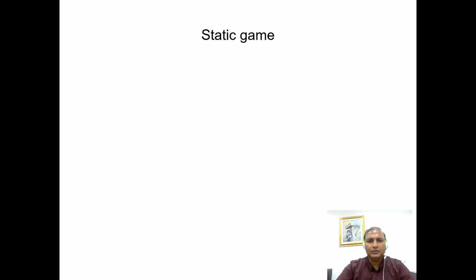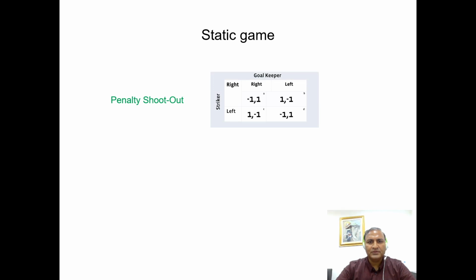So before going to explain to you about the dynamic games, let me first explain what the basic feature of the static games is. And the simplest example of the static game is the penalty shootout, where there is a game between a striker and a goalkeeper.